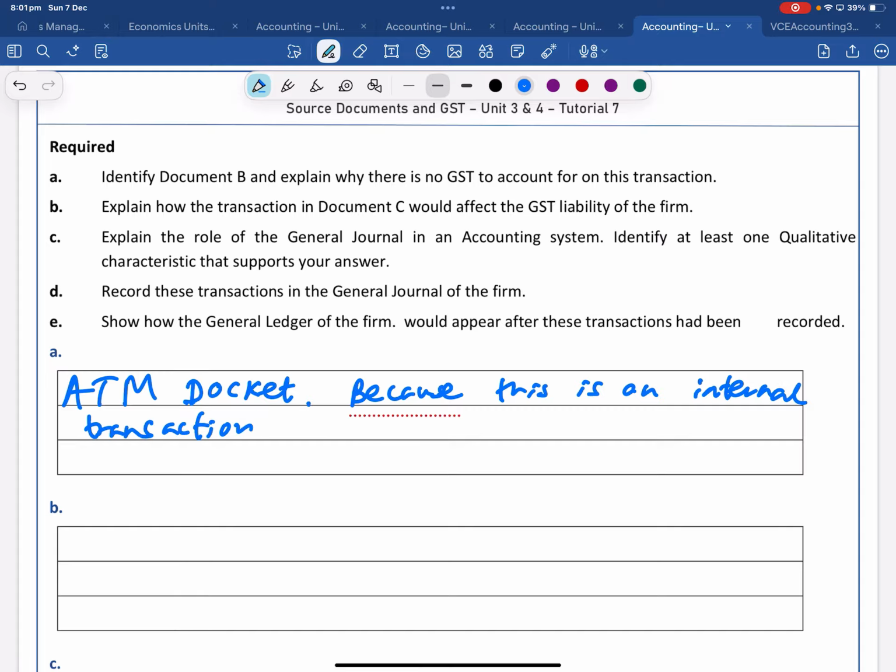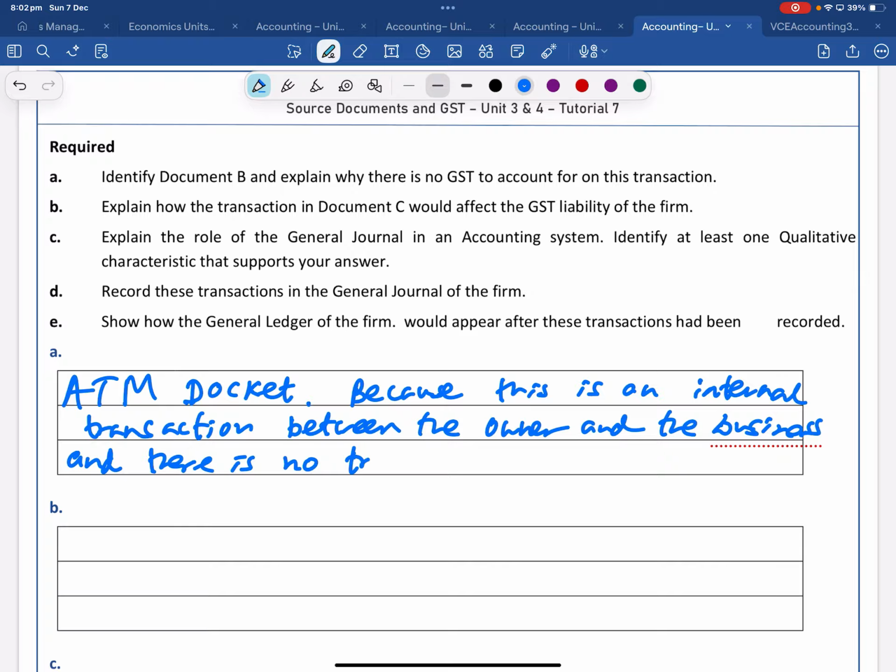When you're withdrawing money, it's not related to a good or service, right? Yeah, correct. There is no transfer of goods or service.